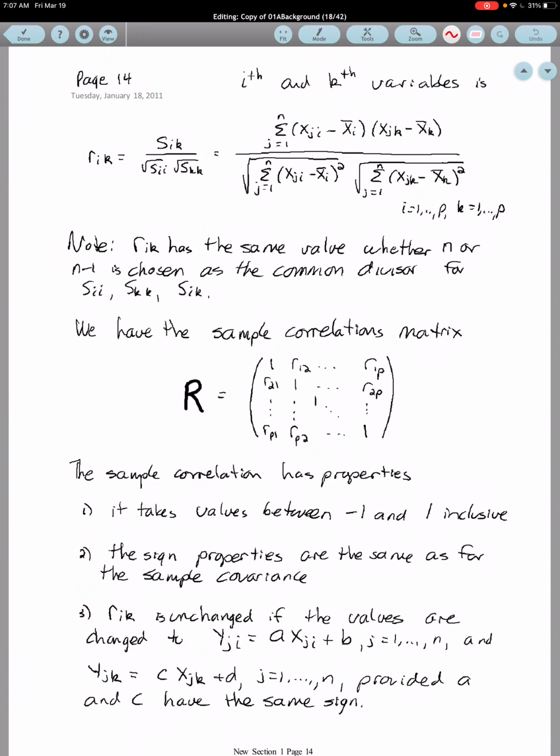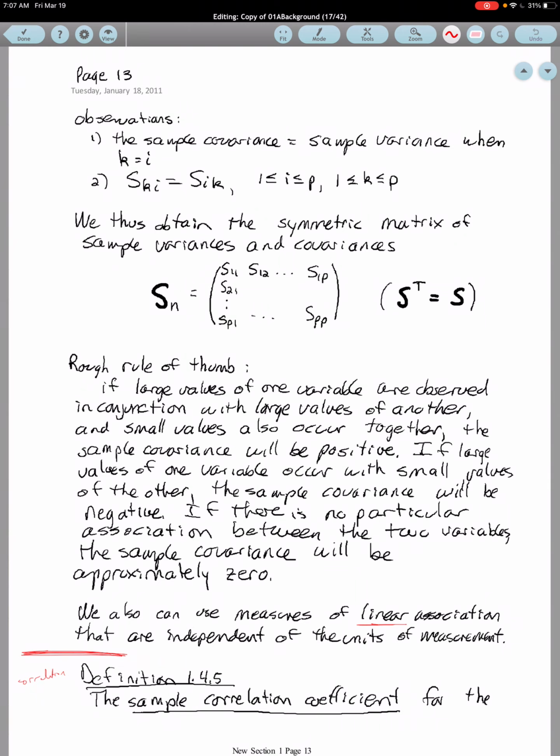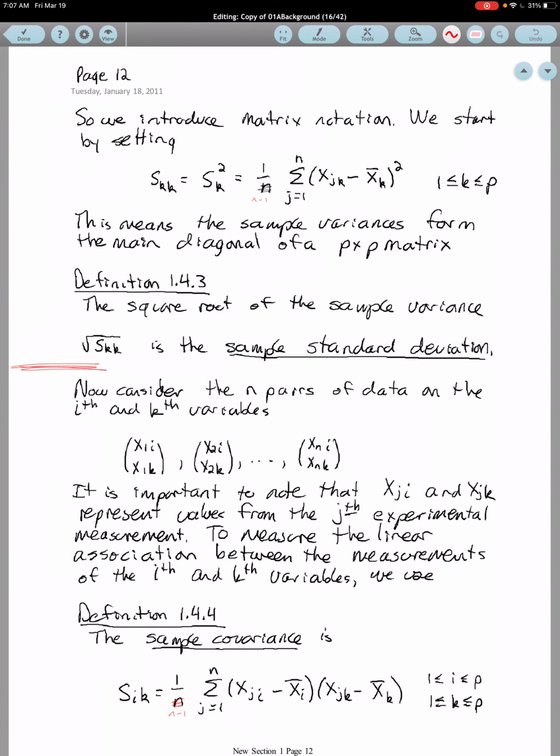And so we find the sample covariance matrix in the usual way, where we divide by n minus 1, and the ikth component is obtained by taking all of the ith components and subtracting off the mean of the ith components, and doing the same thing for the kth components and doing that cross multiplication.